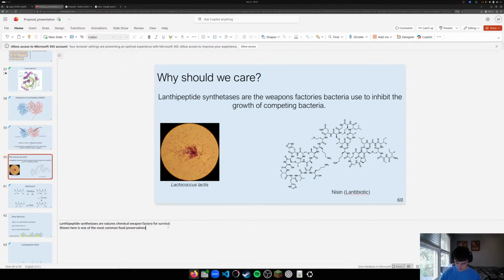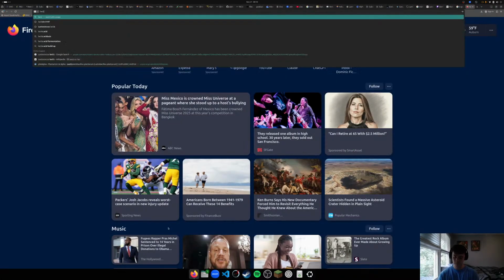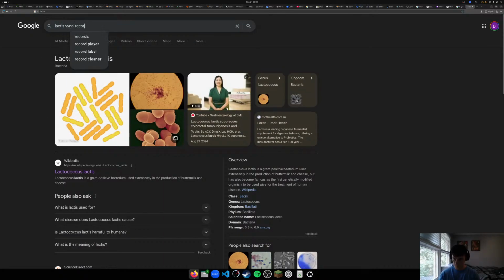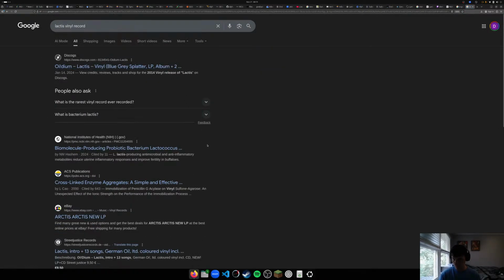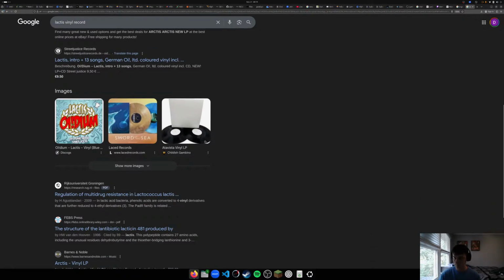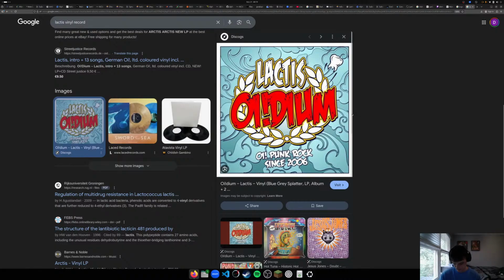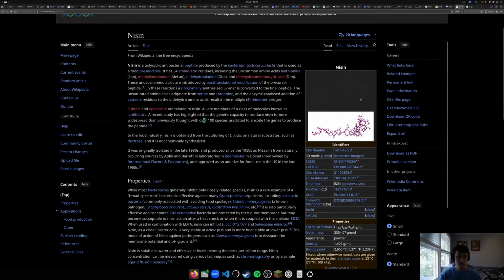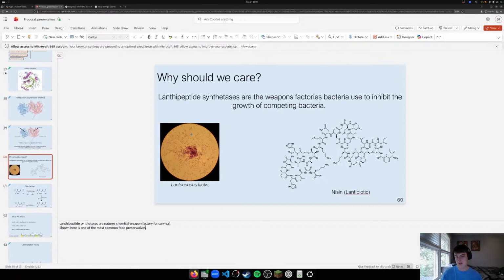First thing I thought of when I saw lactose was that it was a vinyl record. What are you talking about? This? Wait. Oh, you're saying this right here. It looks like a vinyl record.